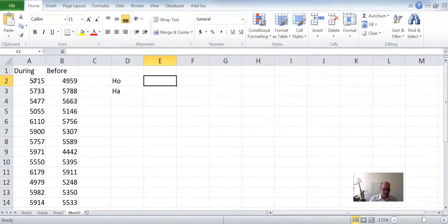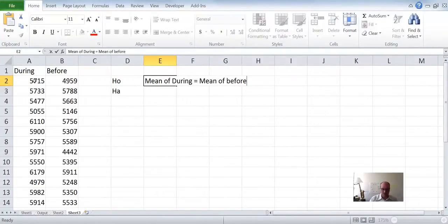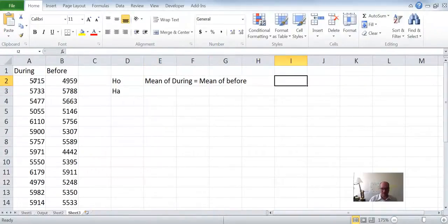So something like the mean of during should equal the mean of before, which we can rewrite to something like mu of d minus mu of m is equal to 0.